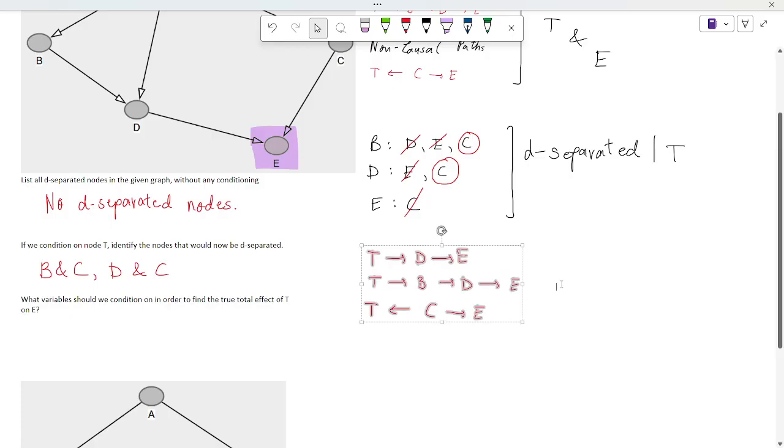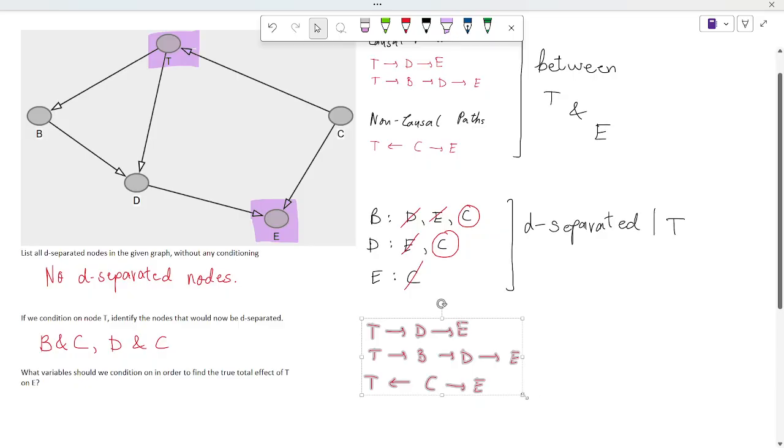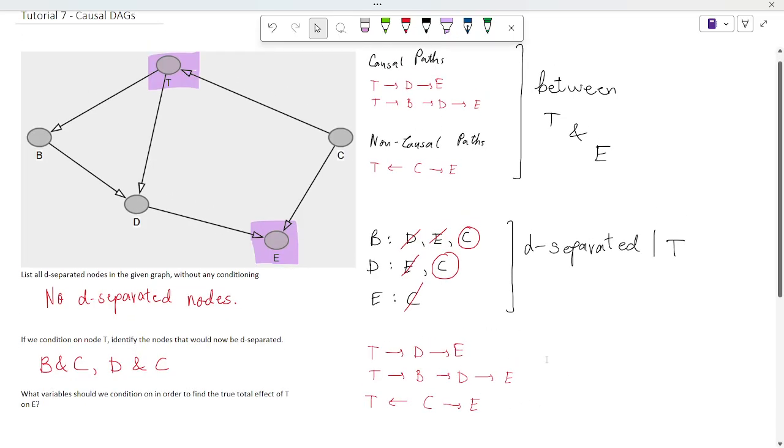So अब आपने देखना है कि इनमें से कोई path backdoor path है या नहीं. So I'll give you guys a few seconds to think about it. Look at the paths that are open, the paths that are blocked, and the paths that are backdoor paths, and see if you can identify any backdoor paths between these two nodes.